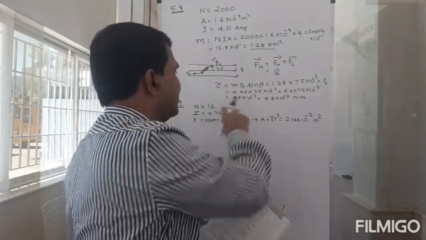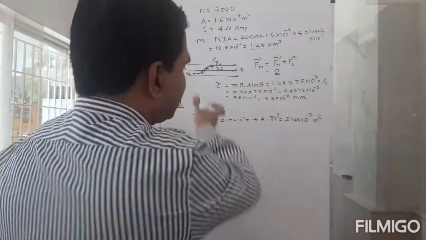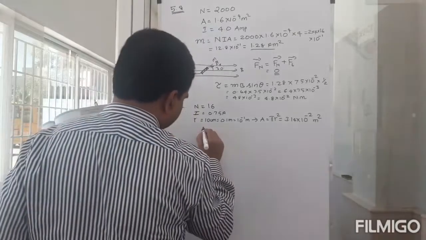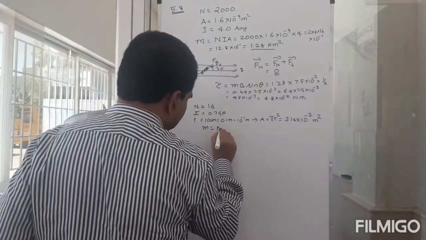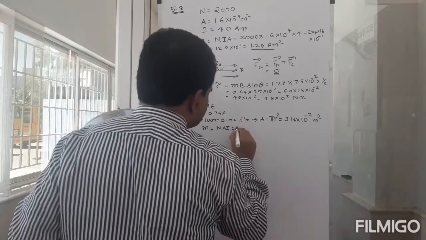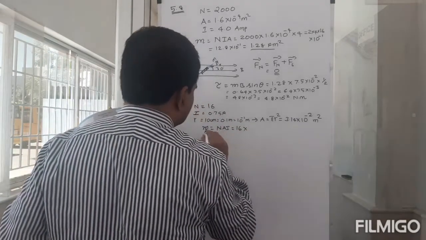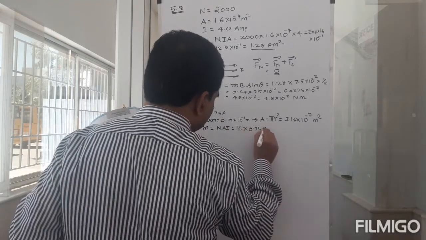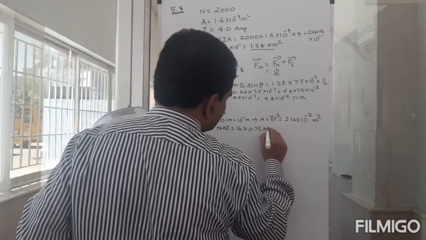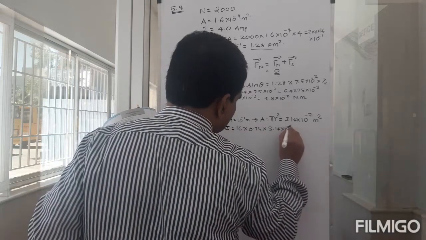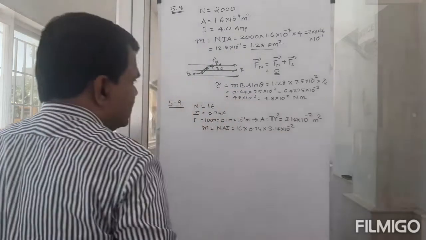So I have N, I and A, and from this I should be able to find the magnetic moment of the coil. M is equal to NIA. So that's going to be 16 into 0.75 into 3.14 into 10 power minus 2.